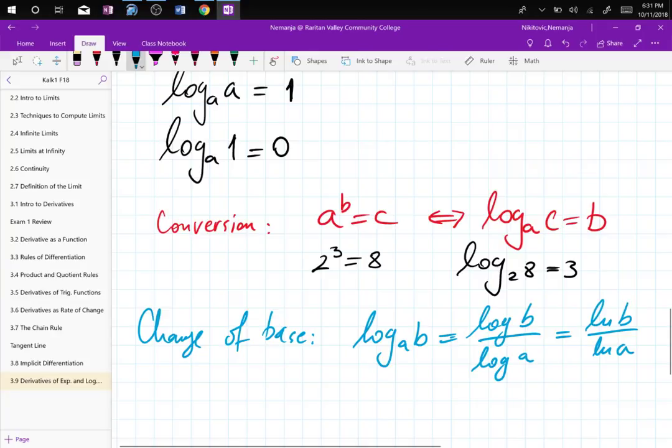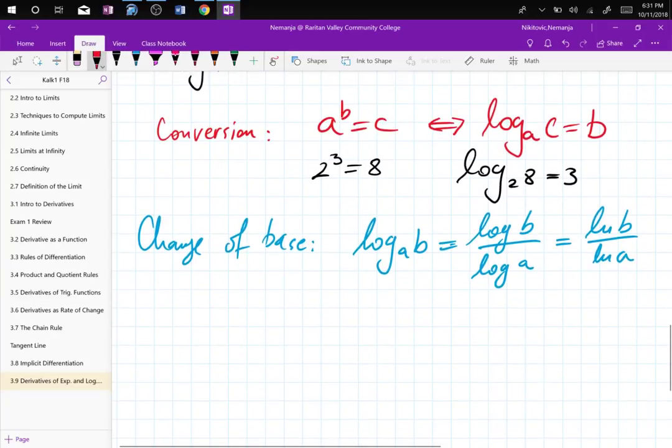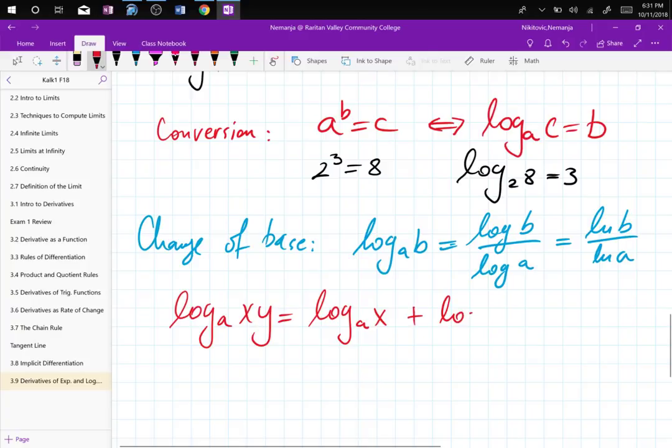And now finally, we get to those three formulas that you must know, otherwise logarithmic differentiation is not going to work for you. And that is that log base A of xy is log base A of x plus log base A of y.